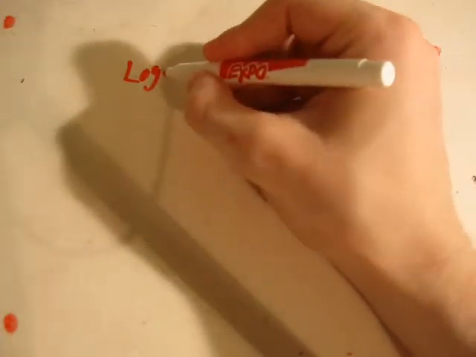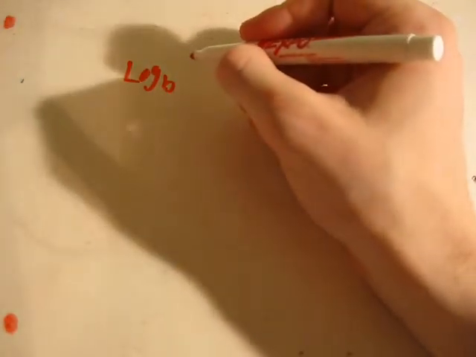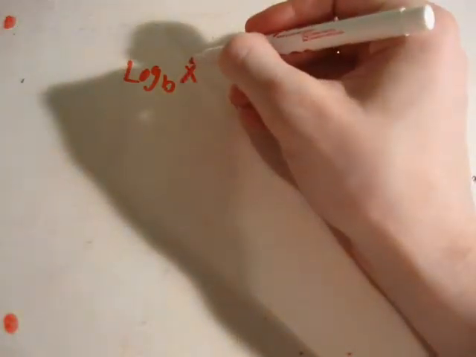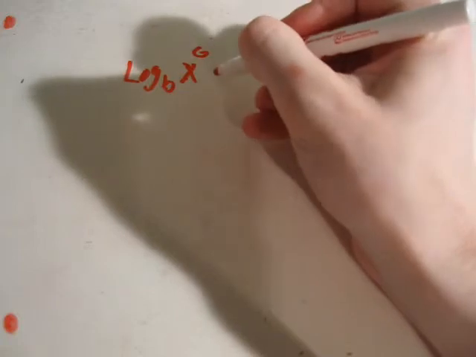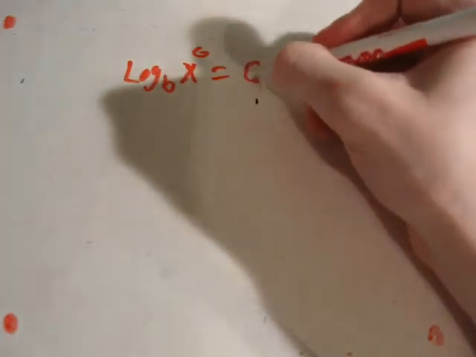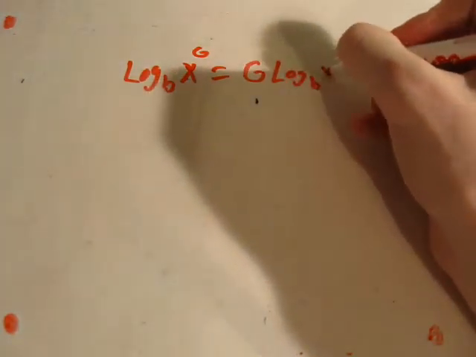If you've got a log to a base b, and you've got another number to a power, we'll say g, then this is equal to g times log base b of x.